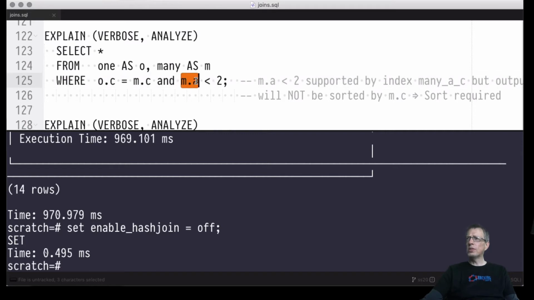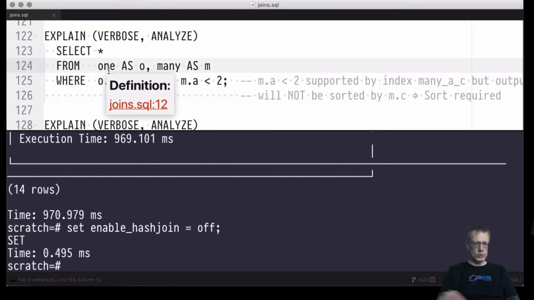There's also this local condition on the many table with respect to the A column. I think this should be supported by an index scan. So we will probably see an index scan being used on this particular table, but not to produce rows in the needed merge join order. Let's see.